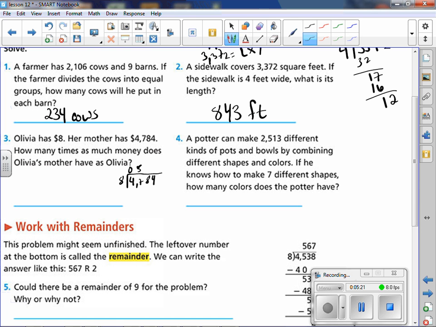Yes, 5 times. 5 times 8 is 40. Okay, bring my 7 down, bring my 8 down. If you need to bring that 4 down so you remember it's there, do so. Okay, 78 then divided by 8 is 4. So 4 times 8, so I'm going to put my 4 up above. 4 times 8 then is 32.